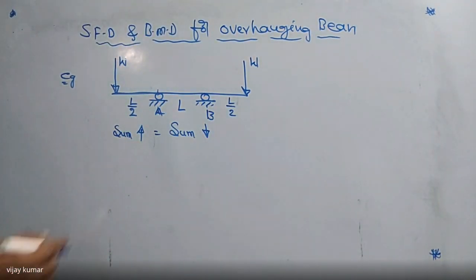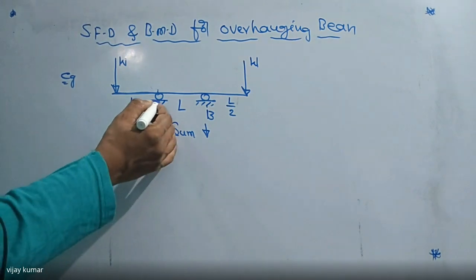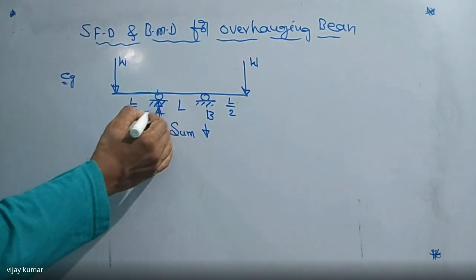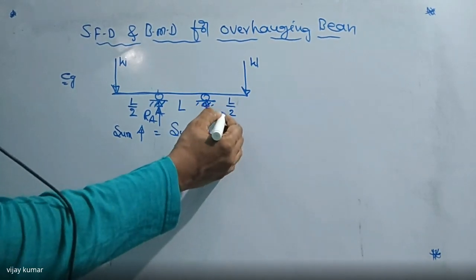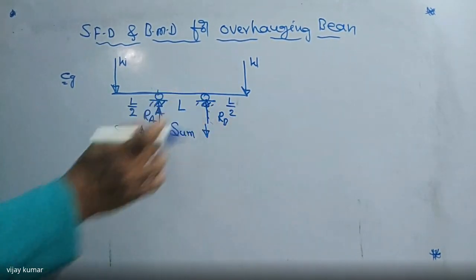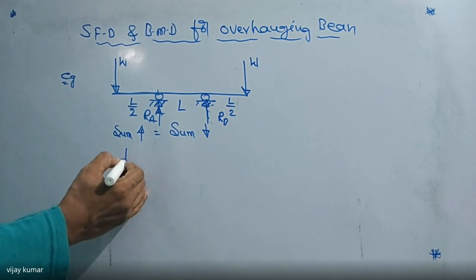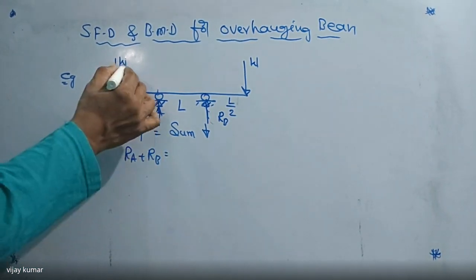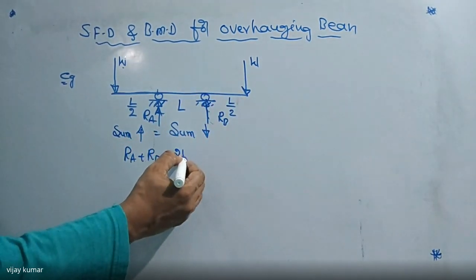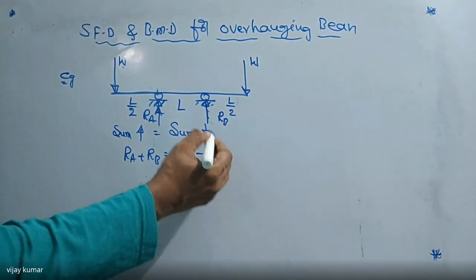The upward forces here are one reaction RA and another reaction RB. All of you know it. So I'm writing RA plus RB is equal to W plus W, which gives 2W. This is equation number 1.